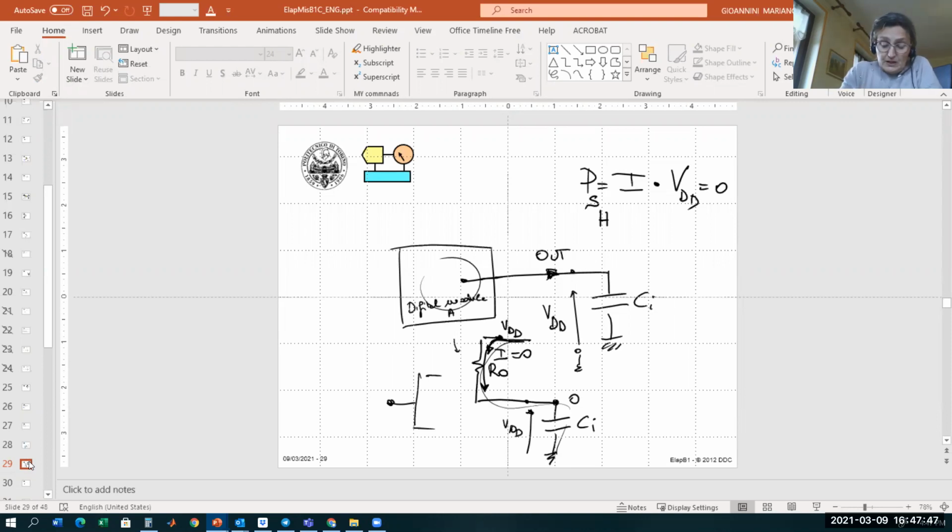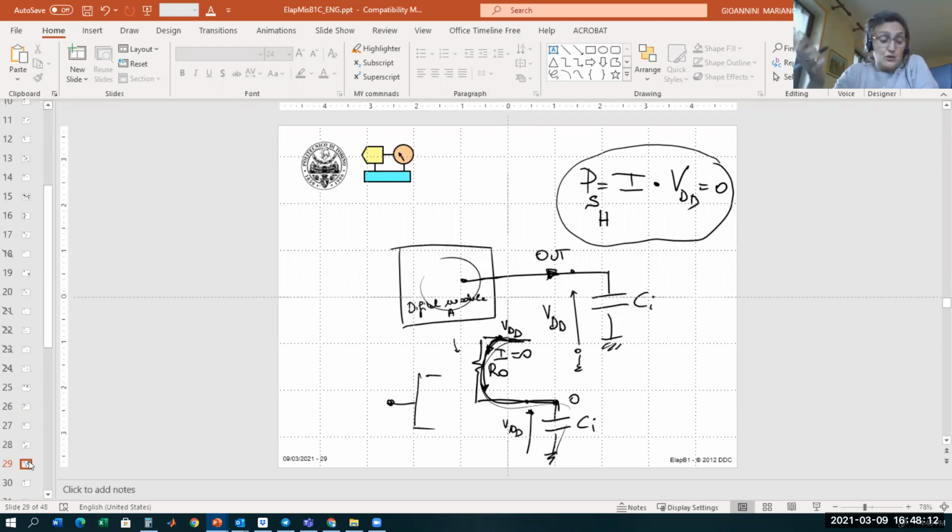So you can see that the current flowing in this circuit is 0. And therefore, the power we request from the voltage supply to make our inverter stay in the high state is 0. So we do not consume any power.